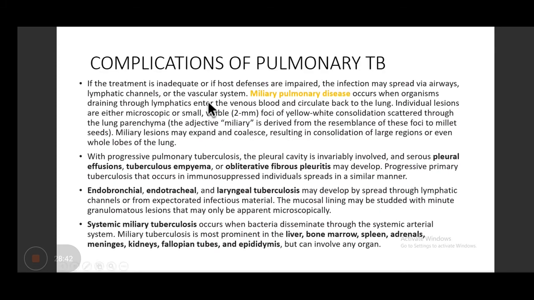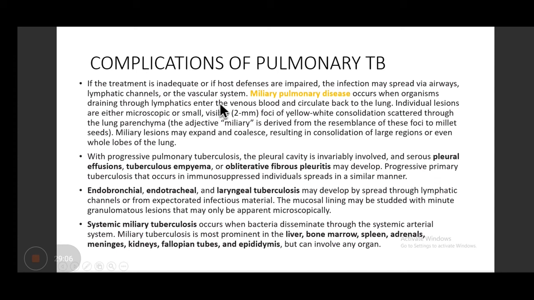Then the complications of pulmonary TB. If the treatment is inadequate or the host defenses are impaired, the infection may spread via airways, lymphatic channels, or the vascular system. The most common way of spread is hematogenous spread. You have to remember that. In miliary disease, the most common way of spread is hematogenous.